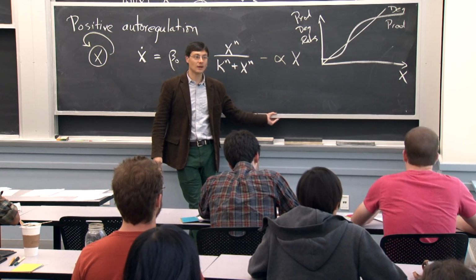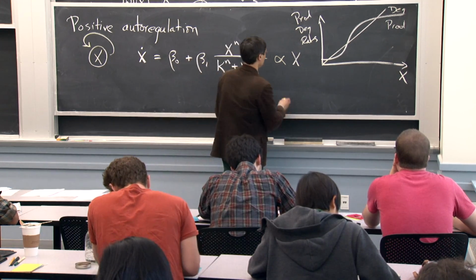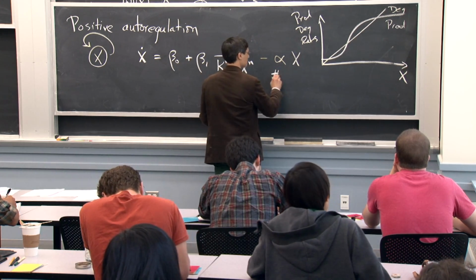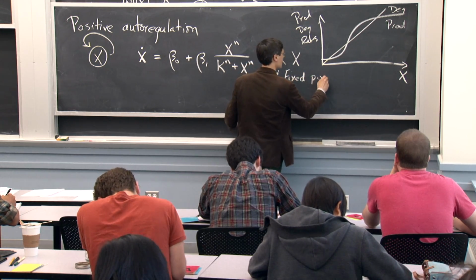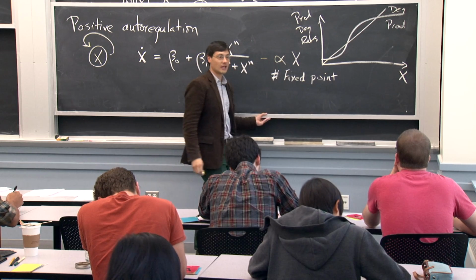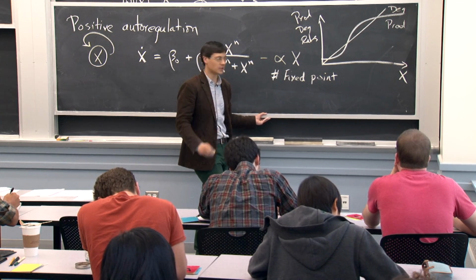One question would be, how many fixed points does this system have? Fixed point means that if you started right there, and in the absence of any noise, you would stay right there. So it includes both stable and unstable fixed points.